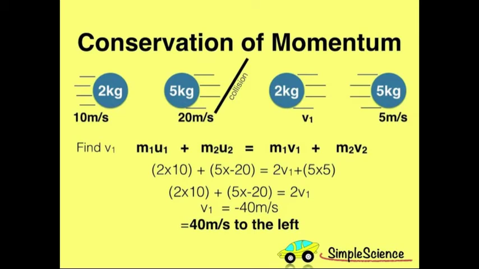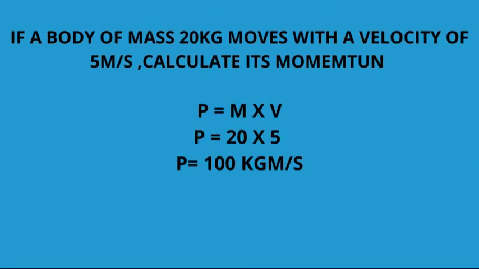That's the formula for conservation of momentum. m1u1 plus m2u2 is equal to m1v1 plus m2v2, where the formula before the equal sign is the initial momentum, and the one after the equal sign is the final momentum. Then you have it there. We also have that a body of mass 20 kg moves with a velocity of 5 meters per second. Calculate its momentum. Momentum is simply mass times velocity, so we have 20 times 5 equal to 100 kilogram meter per second.